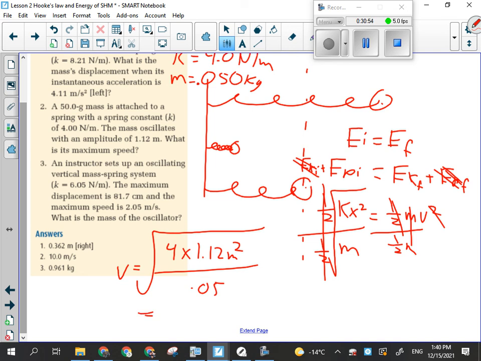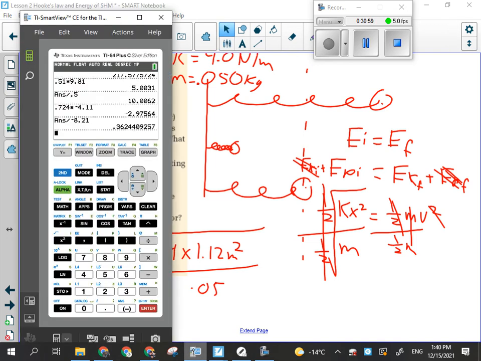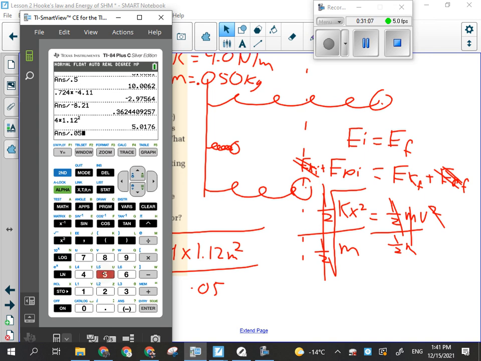When we do that, we should get 10 meters per second. Yep. Okay, so it's just law of conservation of energy, just like we did in Unit 2. The only difference is instead of m times g times h, we use 1/2 kx squared for our potential energy.